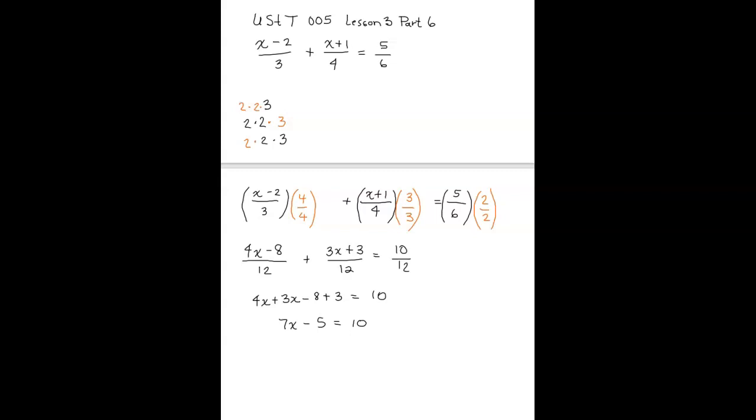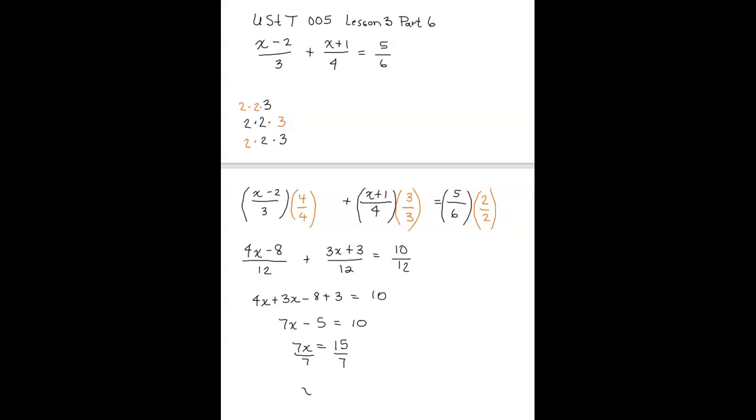All right. Again, I got to get this x all by itself. I got to isolate that. So I'm going to go ahead and add 5 to both sides. So my 7x is going to equal a 15. And divide both sides by 7.